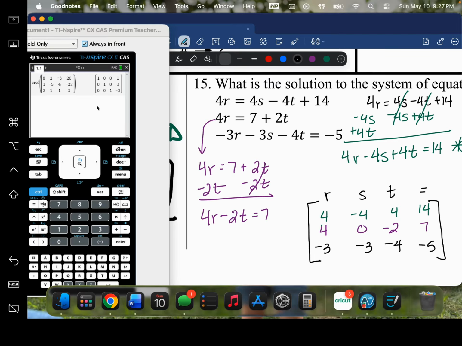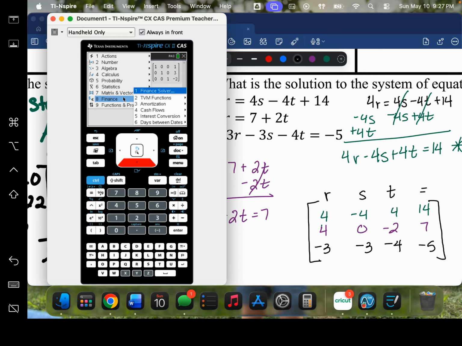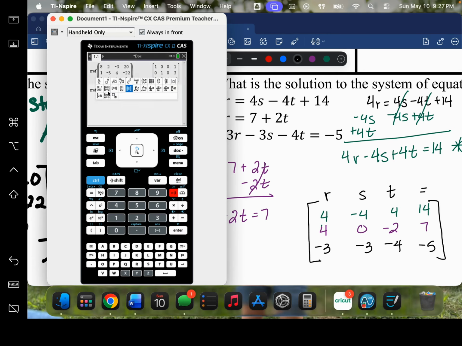And then we're going to repeat that same process in our calculator. So again, we want to do menu, matrix and vector, and then reduced row echelon form. And then we want to get our matrix with the center.